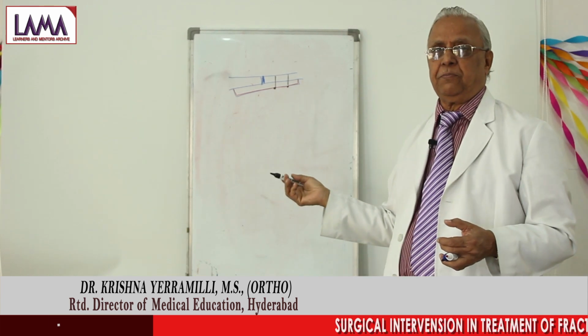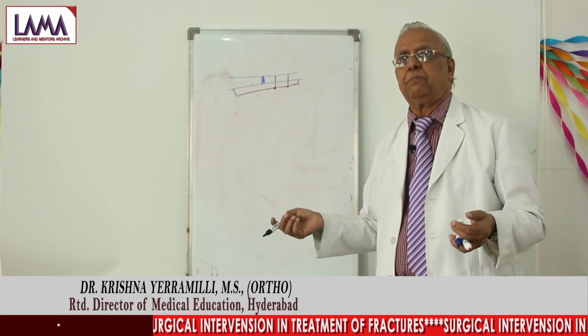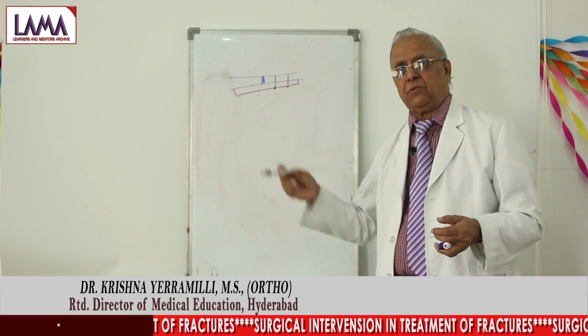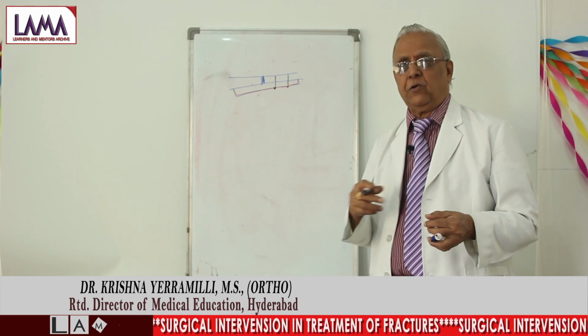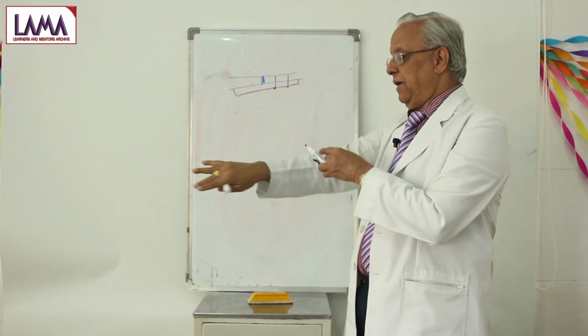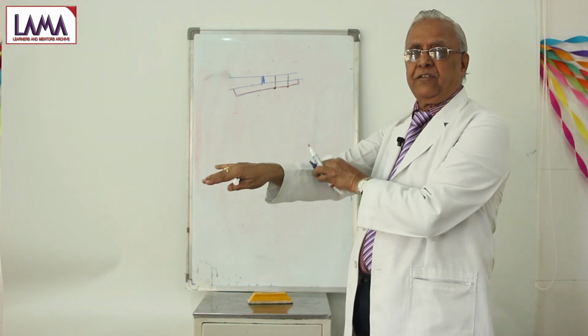So these things are nowadays being used for some of the osteoporotic, that is brittle bone, and in cases where there is extensive damage, so many bone fragments are there, we don't want to open the entire thing. We just push the bone plate under the skin and push it up, then we fix it up.